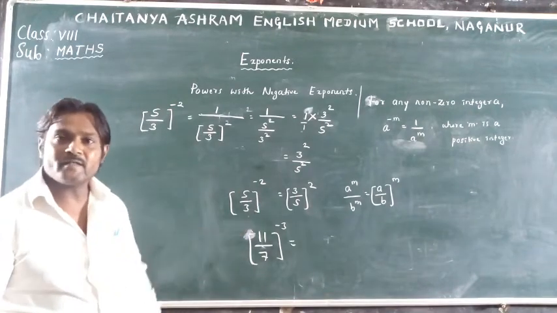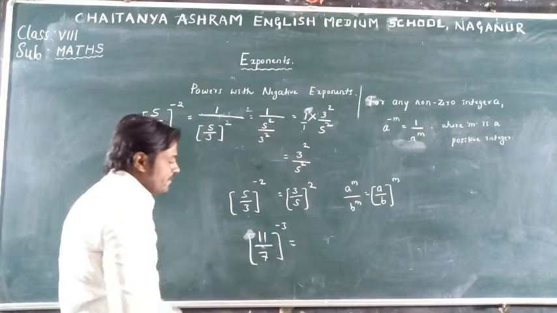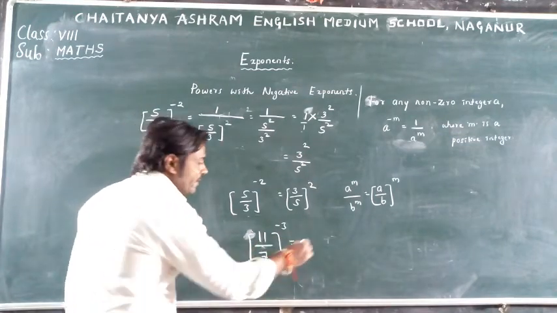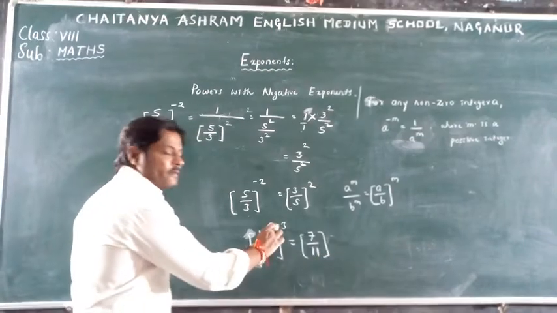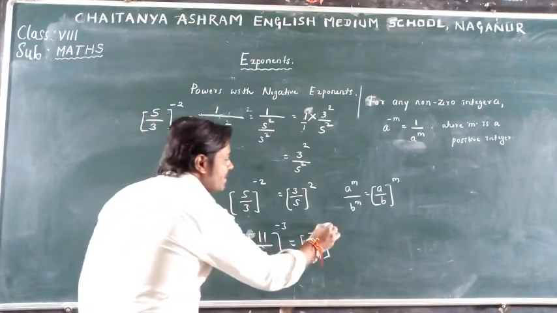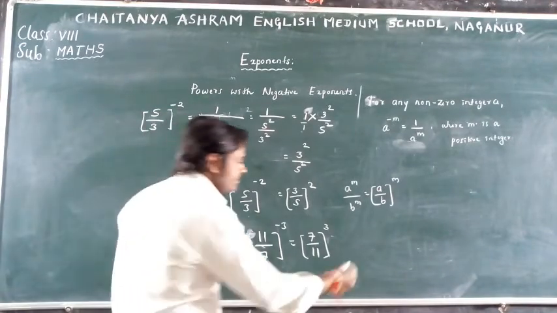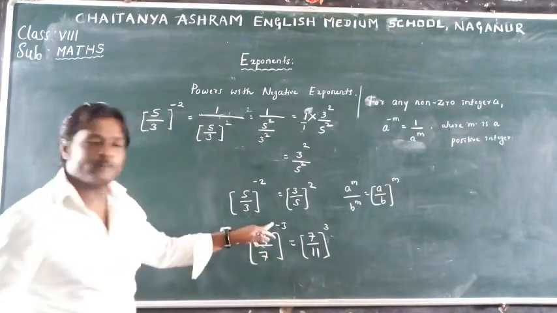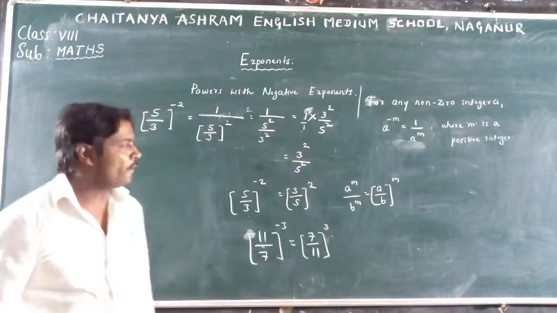From our examples, what will conclude? Its positive exponent is interchange the numerator and denominator. That is 7 by 11 raised to the power minus 3, that becomes plus 3. So to find the value of fraction with negative exponent, we convert it into positive exponent, then find its value.